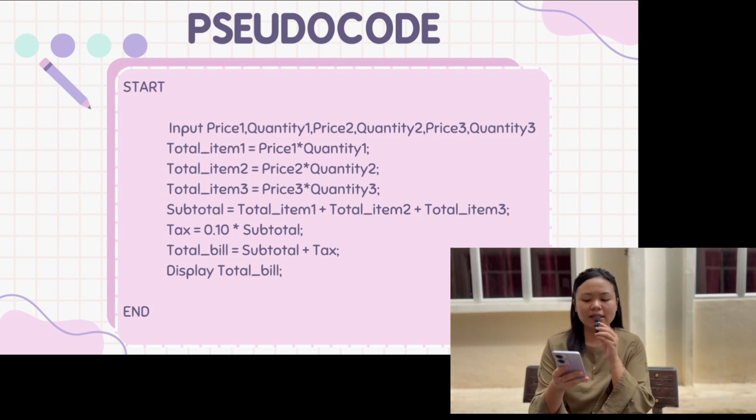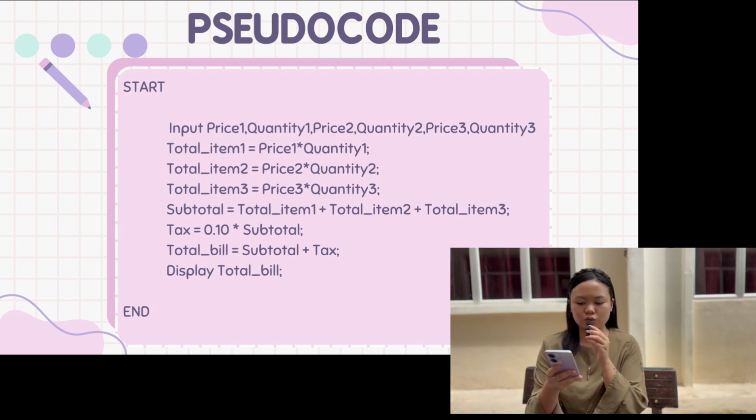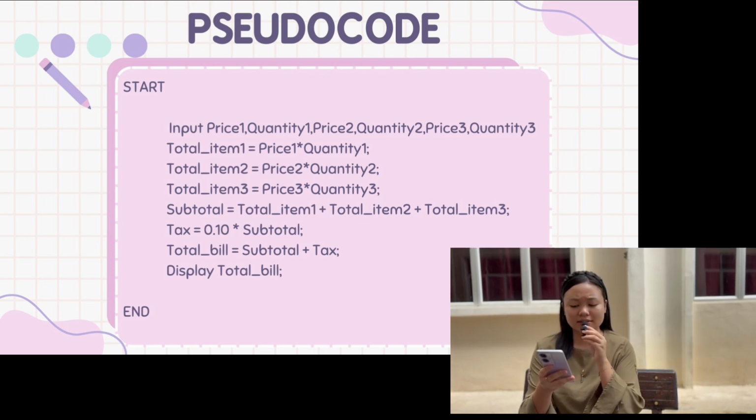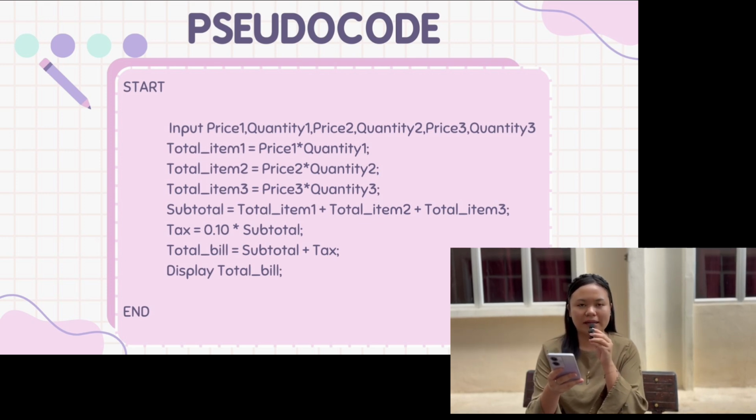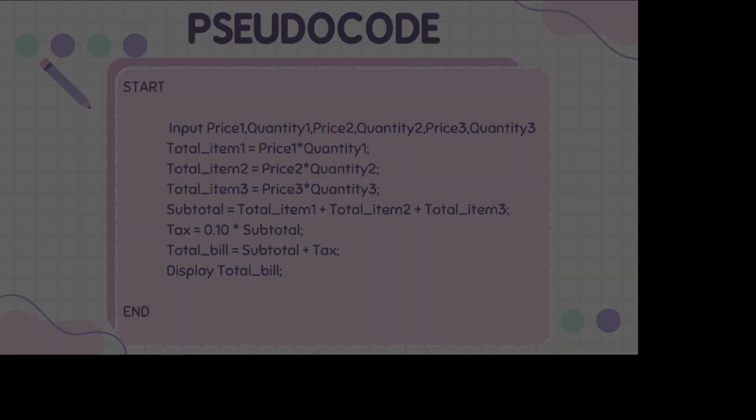Subtotal equals total item 1 plus total item 2 plus total item 3. Tax equals 0.10 times subtotal. Total bill equals subtotal plus tax. Display total bill and it will end.